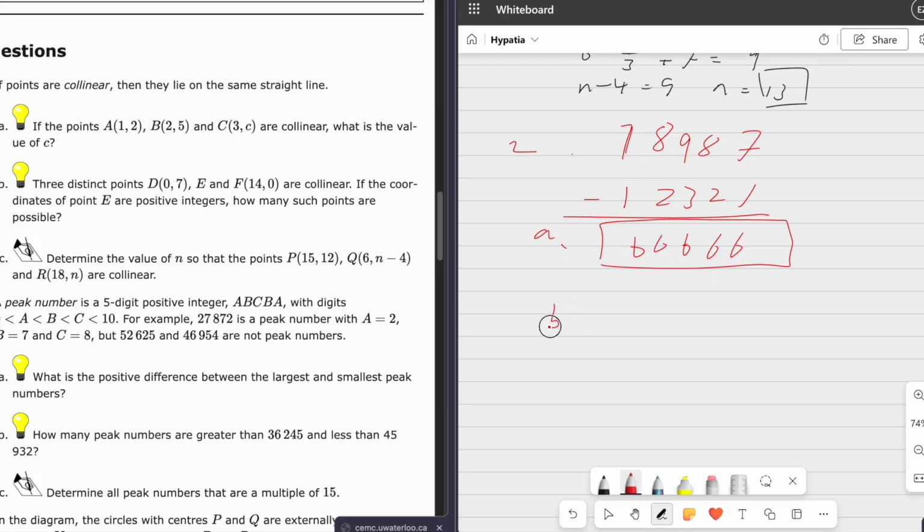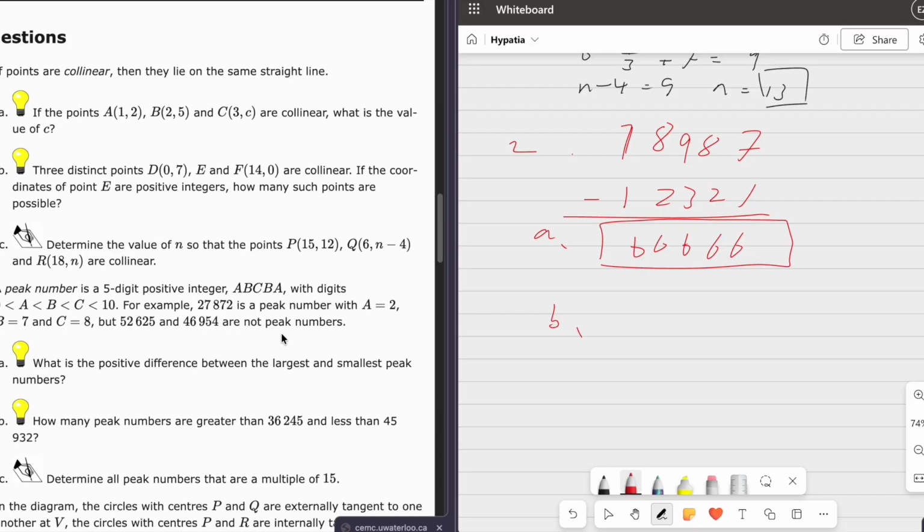Part B. How many peak numbers are greater than 36,245 and less than 45,932? So this one, first of all, we know it starts with 36.